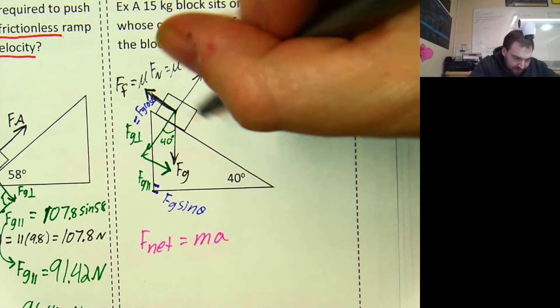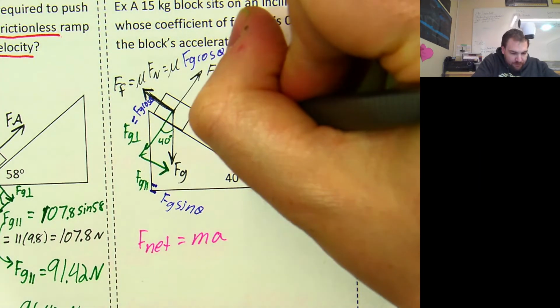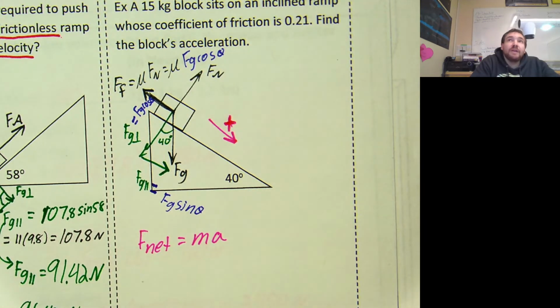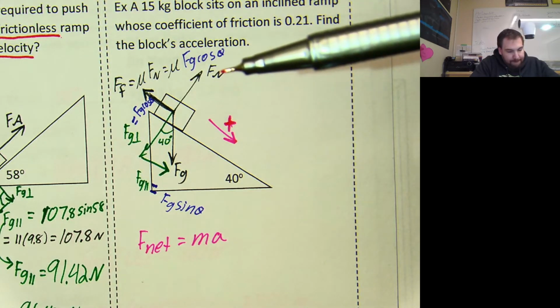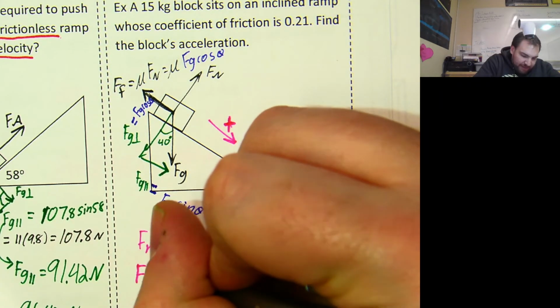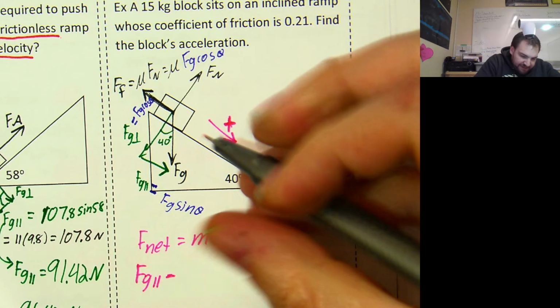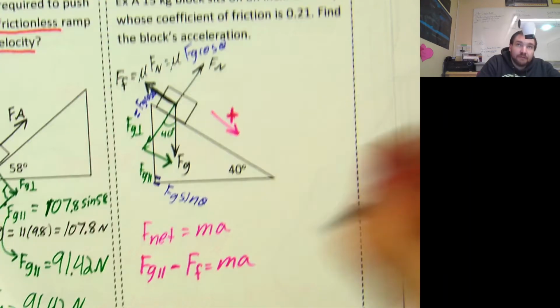Down slope. Okay, if down the slope is positive, then what is going to go into my Fnet equation here? Force of friction is negative, and Fg parallel is positive. Yes, good. So it's going to be Fg parallel minus force of friction equals ma.